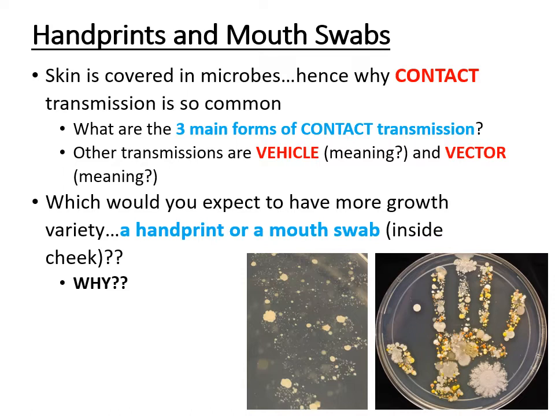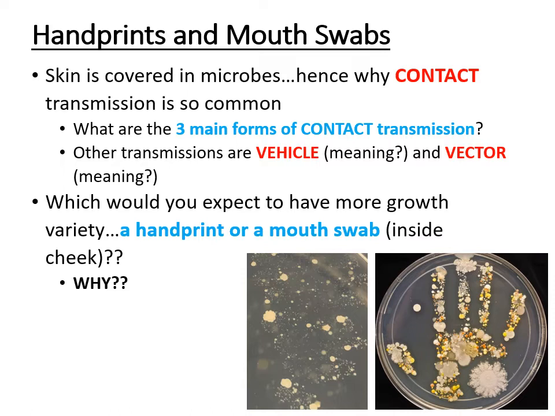So, for instance, you end up touching a doorknob handle, or a pen, a pencil, a desk, any inanimate object, or fomite, which we'll talk about in the next slides. You touch this inanimate object that you never saw a sick person touch, but it happens to be contaminated with microbes.